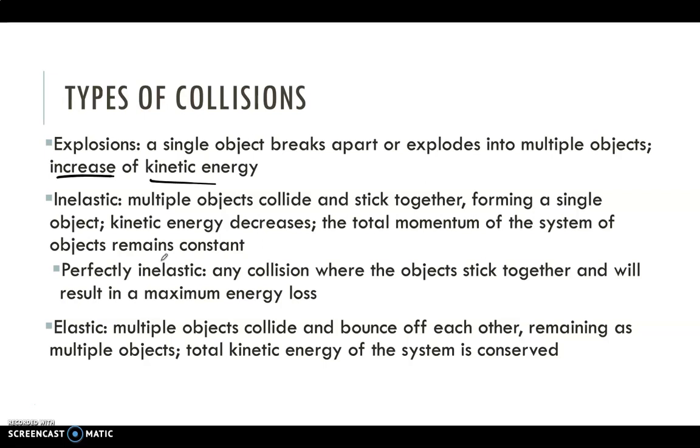Okay, so we had 2 objects, and they collided, stuck together, and they formed one object. Okay, and in this case, our kinetic energy decreases. But again, the total momentum of the system remains constant.